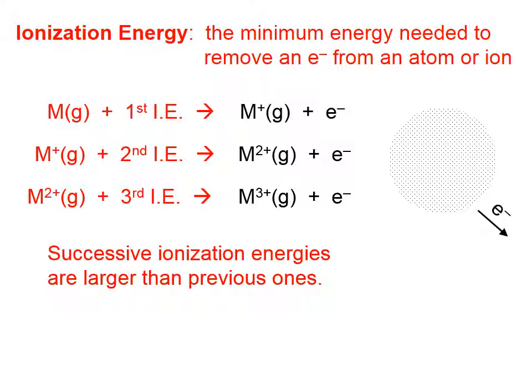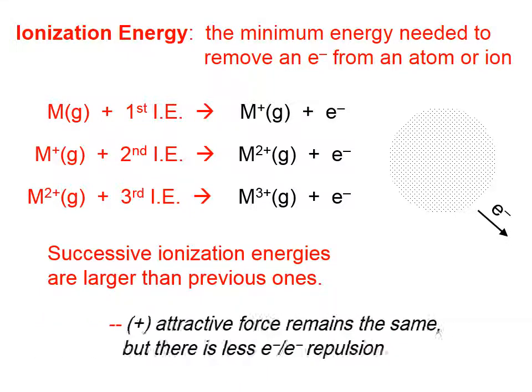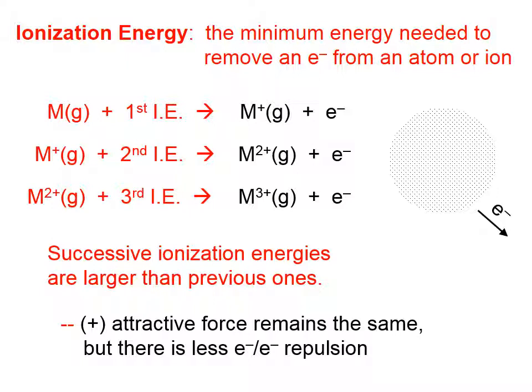Successive ionization energies are larger than previous ones, and this is because the positive attractive force remains the same, but there's less electron-electron repulsion. In other words, if you look at this cloud of electrons, you can think of those electrons being where they are because there is a balance between the pull from the nucleus that tends to hold the electrons in and the repelling tendency of all of these other electrons.